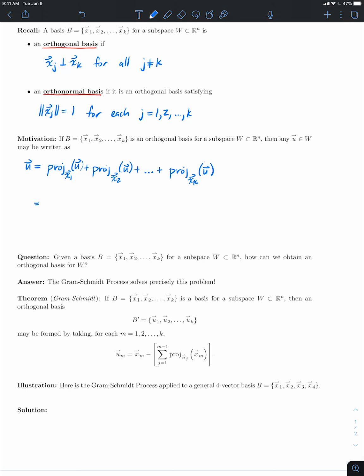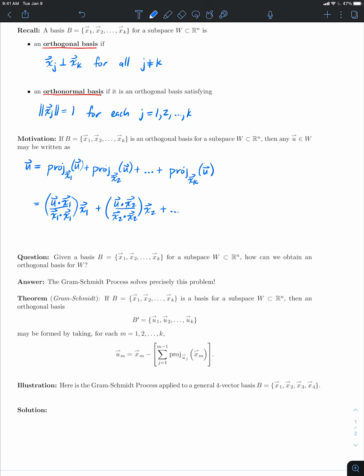Now, in that situation, what does the projection formula give you? The projection of u onto x1 is the dot product of u and x1 divided by the dot product of x1 and x1, all multiplied onto x1. For the next projection, I have the dot product of u with x2 over x2 dot x2, multiplied by x2.